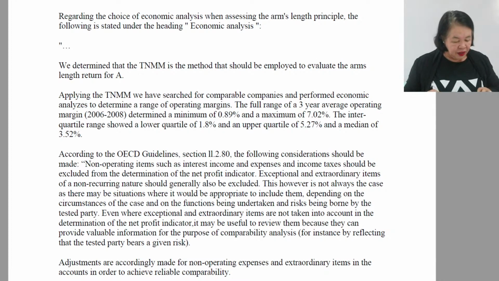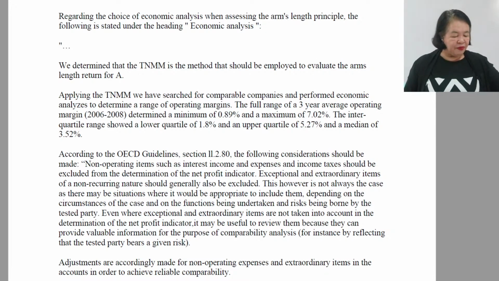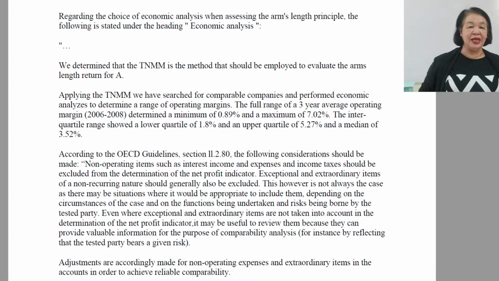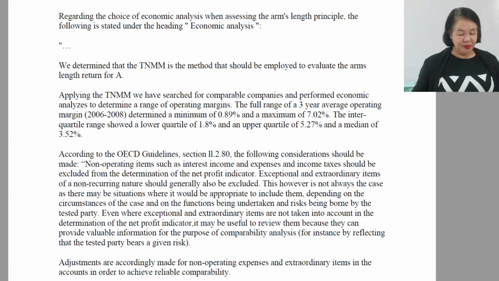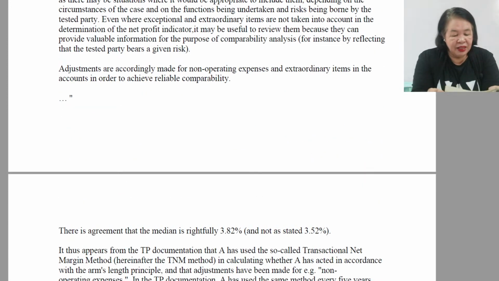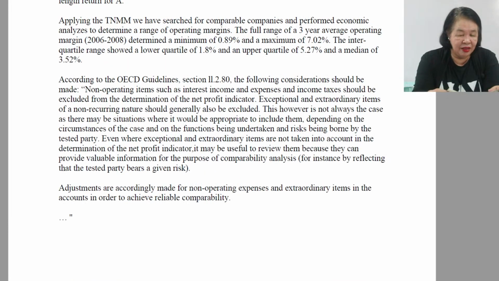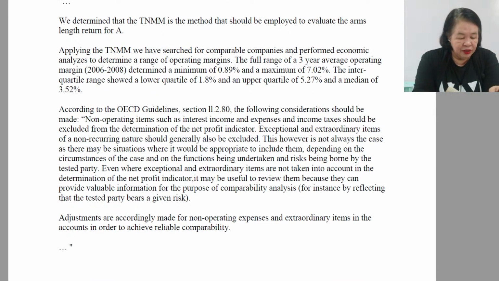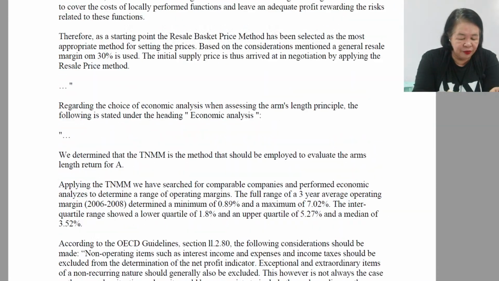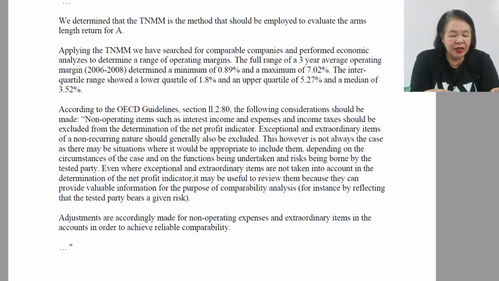So, regarding the choice of economic analysis, when assessing the arm's length principle, the following is stated under the heading economic analysis. Okay. So, may economic analysis siya. We determine that the TNMM is the method that should be employed to evaluate the arm's length return for A. No? So applying the TNMM, we have searched for comparable companies and performed economic analysis to determine a range of operating margin.